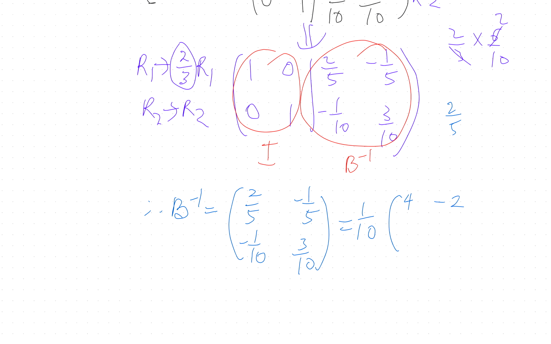Because 4 over 10 is 2 over 5, and minus 2 over 10 is minus 1 over 5. So this is actually the inverse.